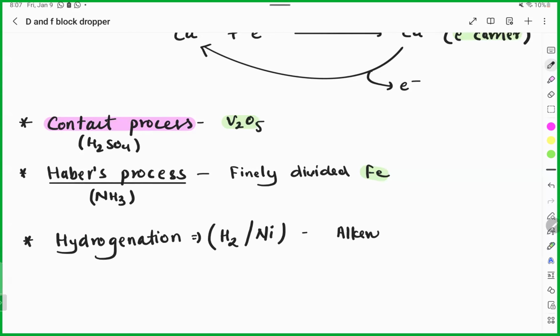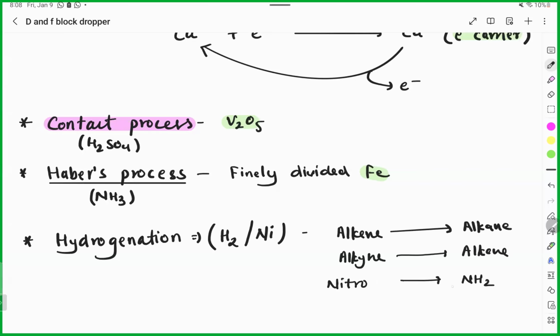You can convert alkenes into alkanes, or alkyne into alkene, alkane, or you can convert the nitro form into the amine form, for the preparation of amine.